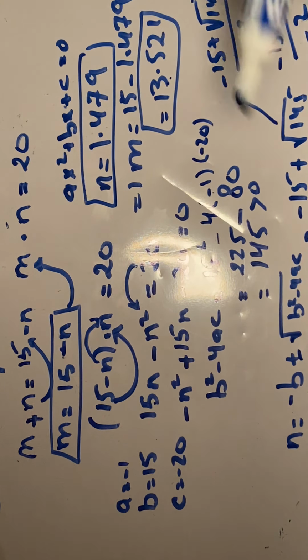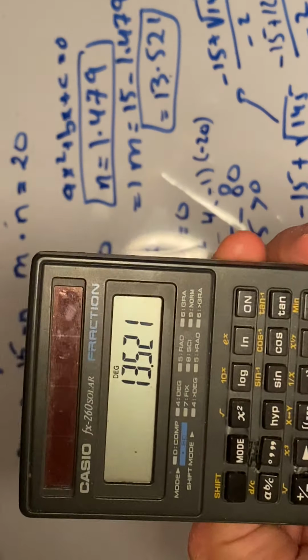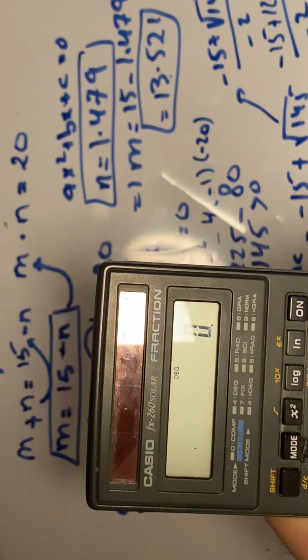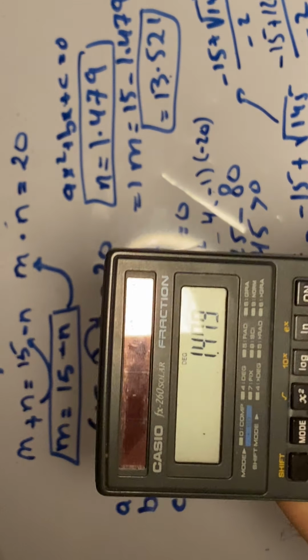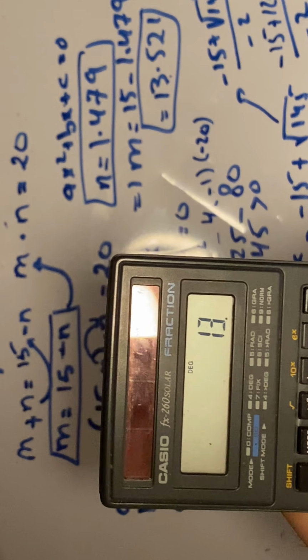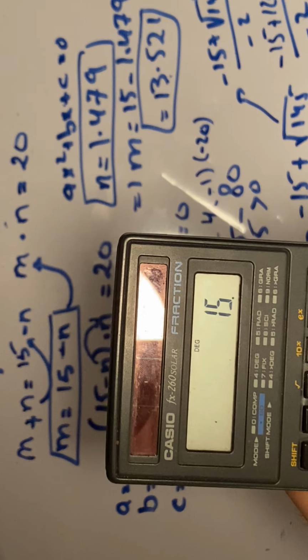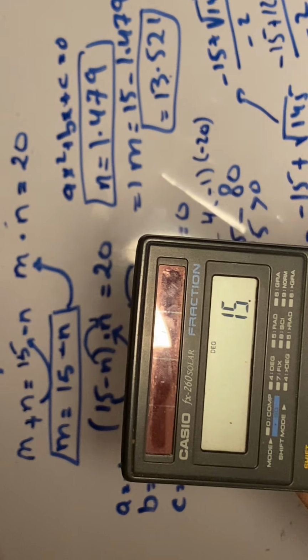Now let's check. Let's add those two numbers using my calculator. 1.479 plus 13.521 equals 15 exactly. So that's checked.